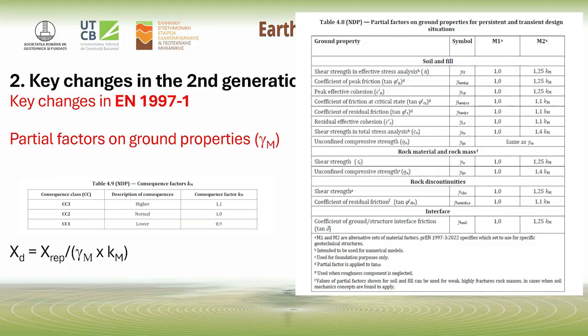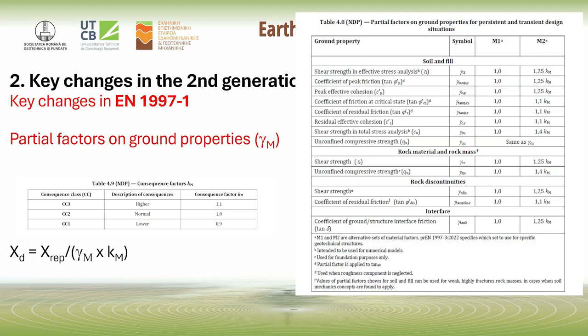For the partial factors on ground properties, when we are applying what I called MFA, material factoring approach, you will find these values in part 1 of Eurocode 7. You can see here on the screen the two sets of values.